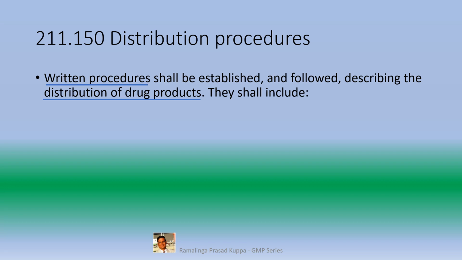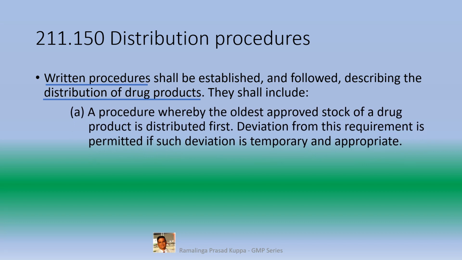They include the following: a procedure whereby the oldest approved stock of a drug product is distributed first. Deviations from this requirement are permitted if such deviation is temporary and appropriate. First in, first out, which is generally abbreviated as FIFO, should be followed.